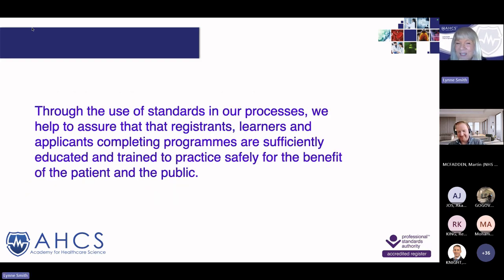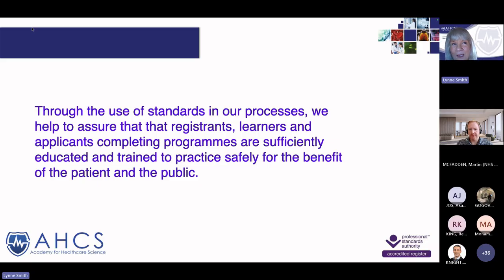And so through the use of the standards in our processes, we can help to assure that registrants, learners, applicants completing any of the programmes are sufficiently educated and trained to be able to practise safely and for the benefit of the patient and the public. And that's key to everything we do every day.